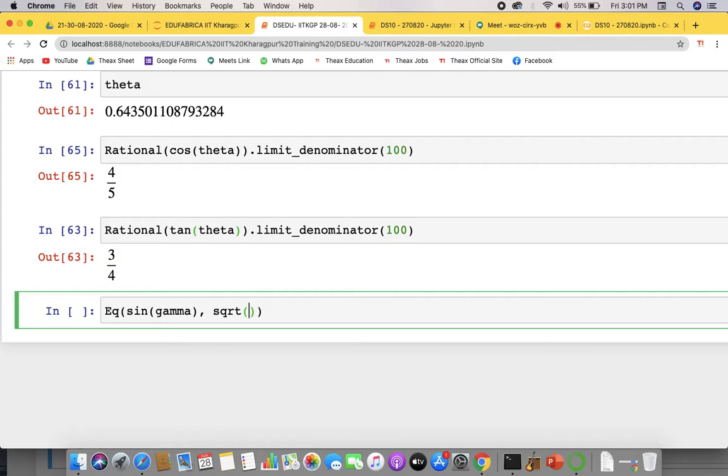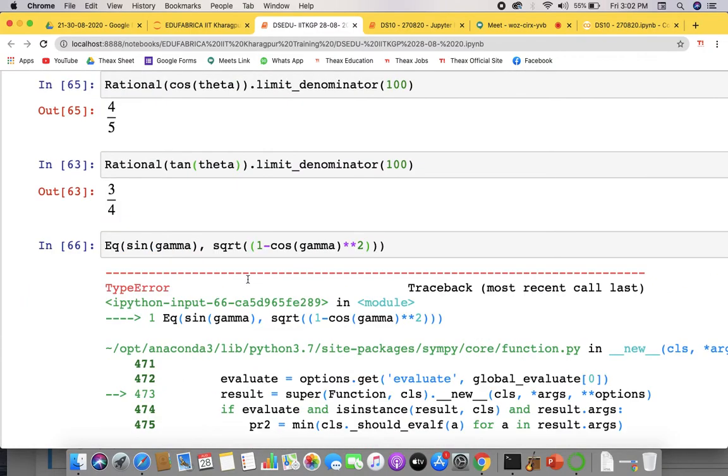Okay, let me show you. First, to derive this, sine gamma is equal to the square root of 1 minus cos square.